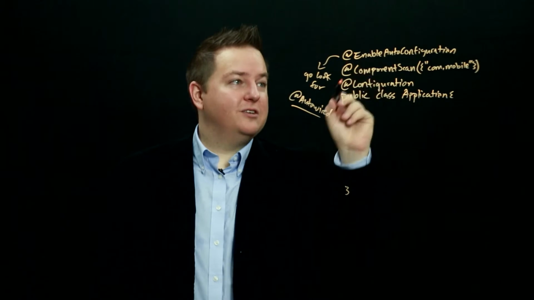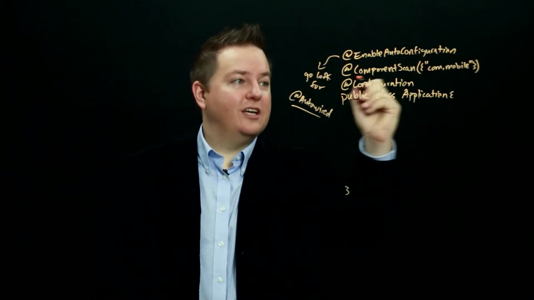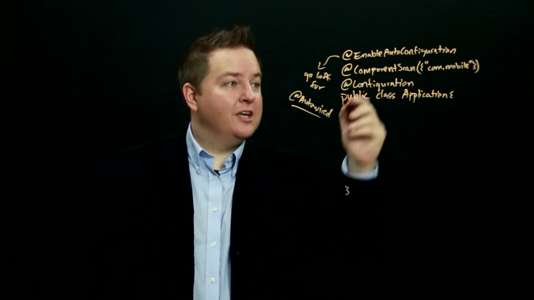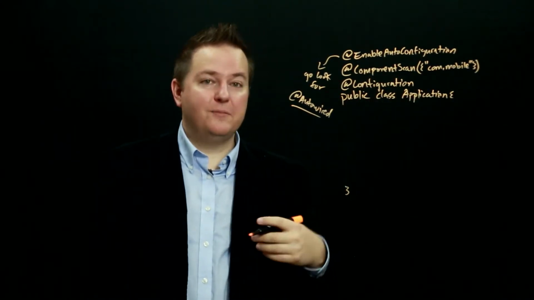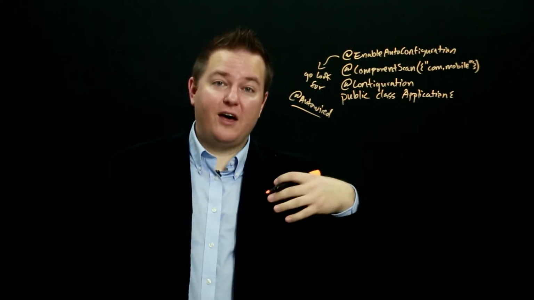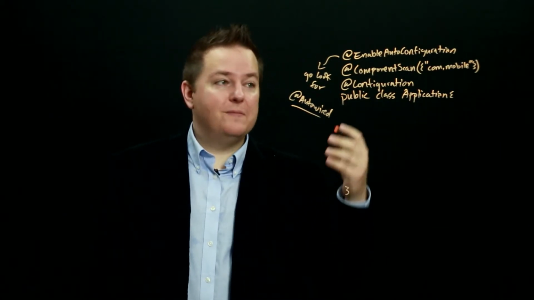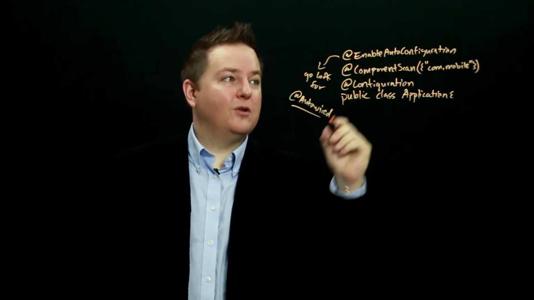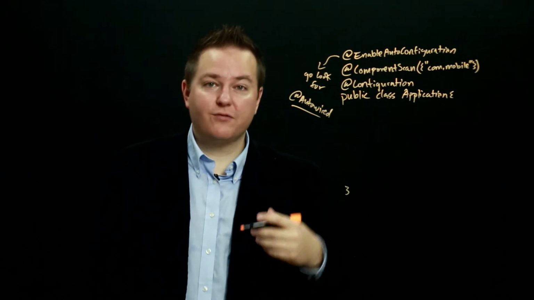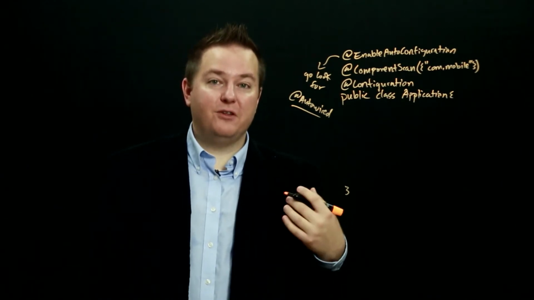So commonly you see @EnableAutoConfiguration and @ComponentScan used together. So you'll automatically go and find a particular set of implementations that you want to use that you've defined in some package, and then you will automatically enable auto configuration through @EnableAutoConfiguration so that Spring will go and look for all the auto-wires and fill them in.